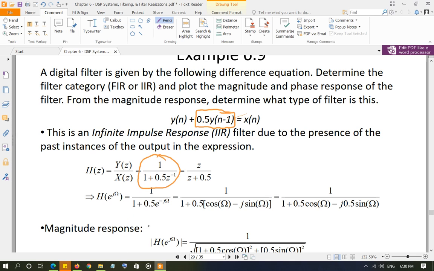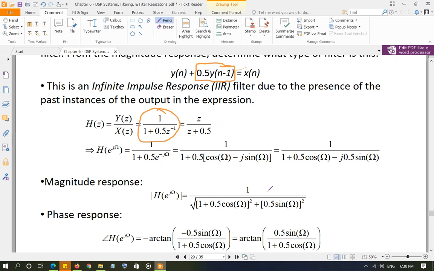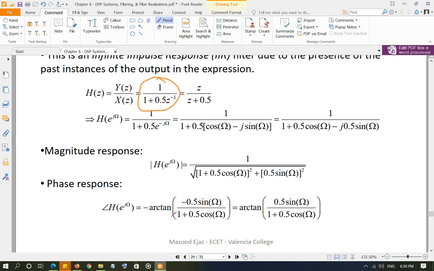But if you want to determine the magnitude equation and the phase equation, then of course you have to plug in z is equal to e to the power jω, and then simplify it using Euler's identity as I'm showing you over here, and then finally you're going to write the magnitude response of this complex number and the phase response of the complex number.